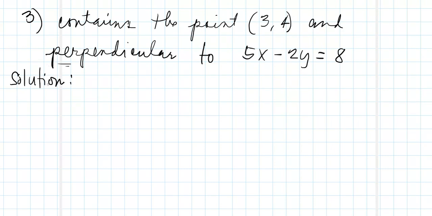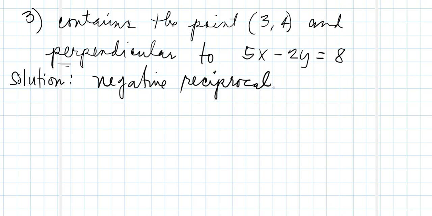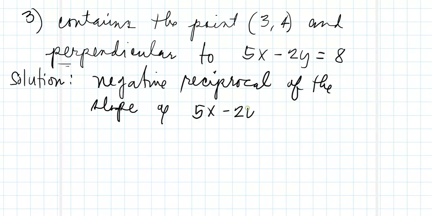To get the slope m of the required line, we get the negative reciprocal. So take note, we have to get the negative reciprocal of the slope of 5x minus 2y equals 8.